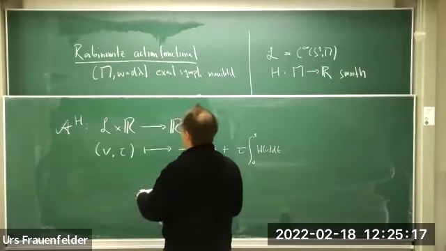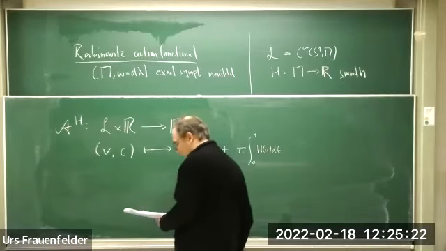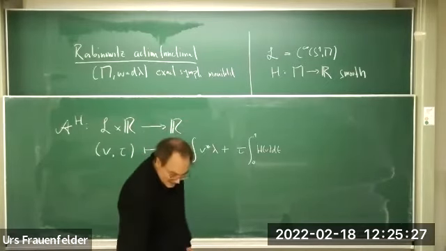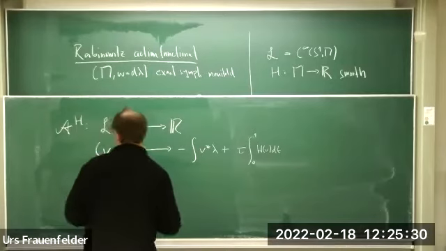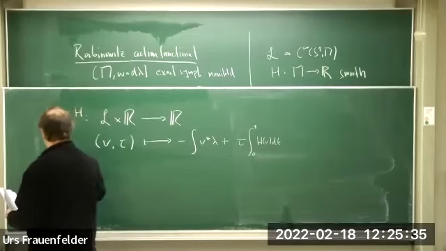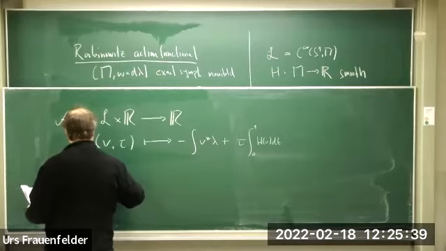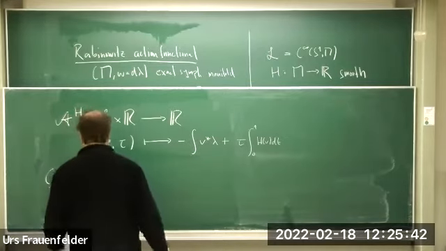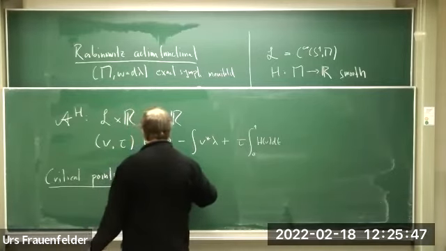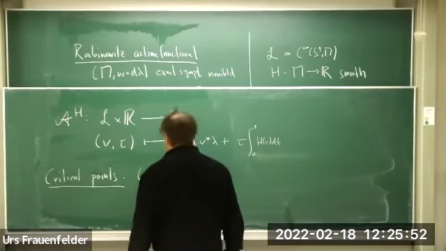And what are the critical points of this Rabinowitz action functional? So let us look at its critical points. Suppose that (v, τ) is a critical point of it.